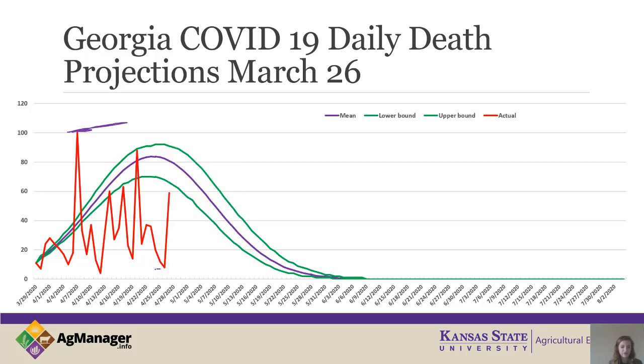So really a great deal of variance in terms of what's going on in Georgia and how that's tracking along the mean with what was a pretty narrow prediction interval on March 26th. So it will be interesting to see in the next few days as Georgia continues to open where this actual line starts to go. If we're going to see a spike again in daily deaths as they start to open, or maybe if it will start to trend downwards. So Georgia will be one to keep looking at.